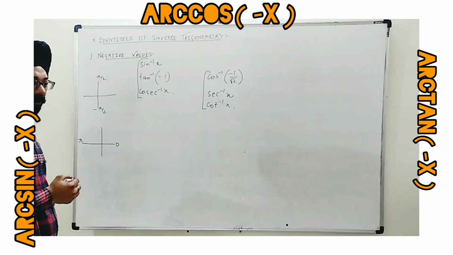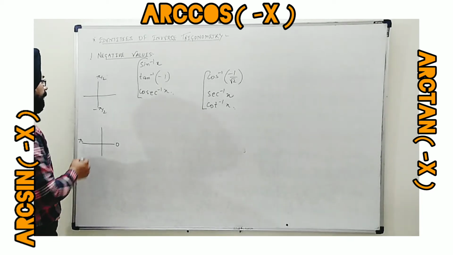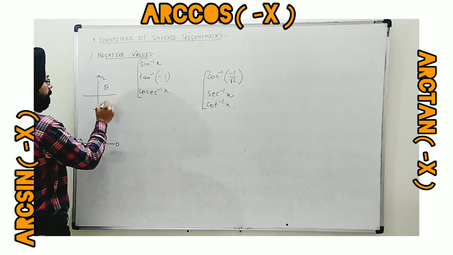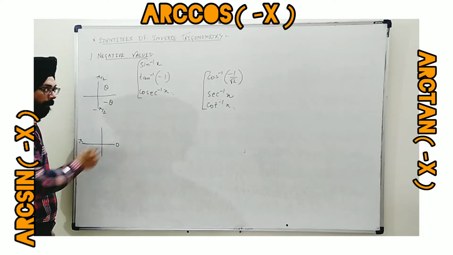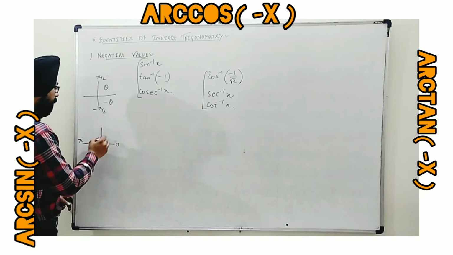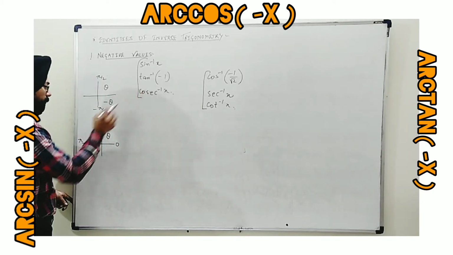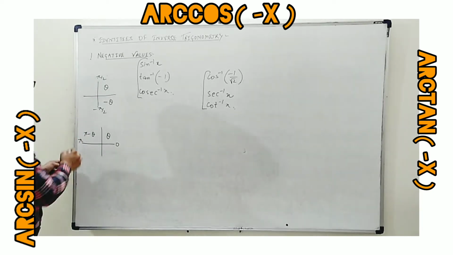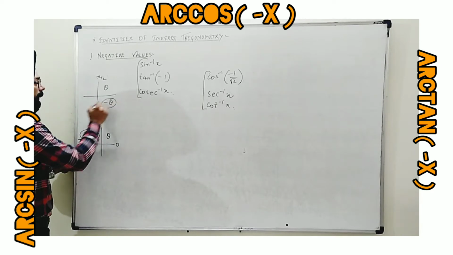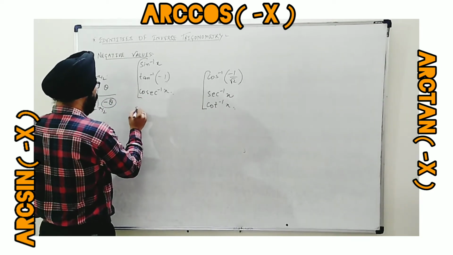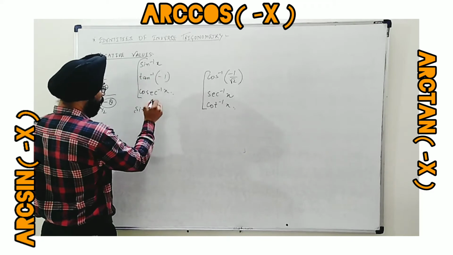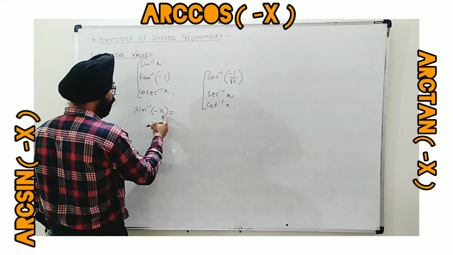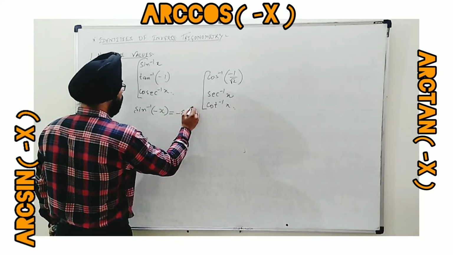With our experience in the questions we solved, we can see that in the first group, if the value is positive we select theta, and if negative we directly say minus theta. In the second group of cos inverse, if positive we directly write theta, otherwise we write pi minus theta for negatives. So sine inverse of a negative value, sine inverse of minus x, can be opened as minus sine inverse x.